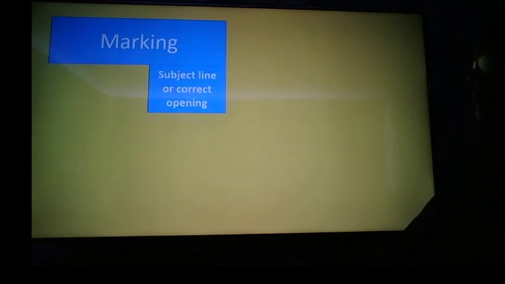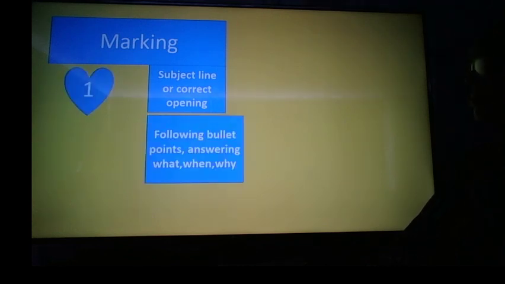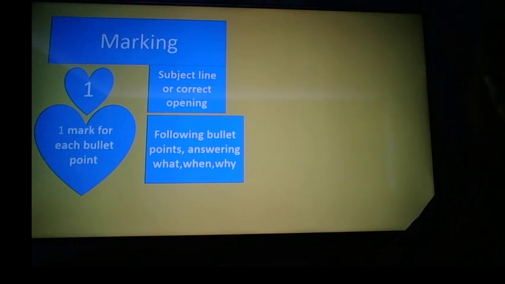So let's have a look at how the examiner marks your piece of work. First of all, if you've written the subject line, or the correct opening, you get 1 mark for that. You also get marks for following bullet points and answering the questions. You get 1 mark for each bullet point. So if there are 4 bullet points, make sure you answer those 4 bullet points, because that's 4 marks.